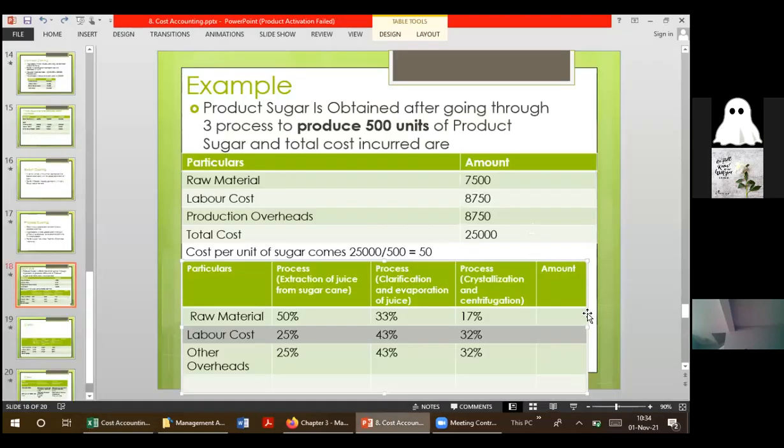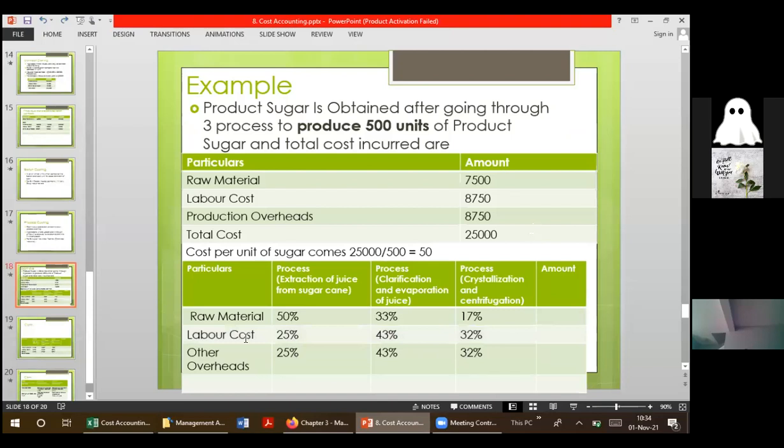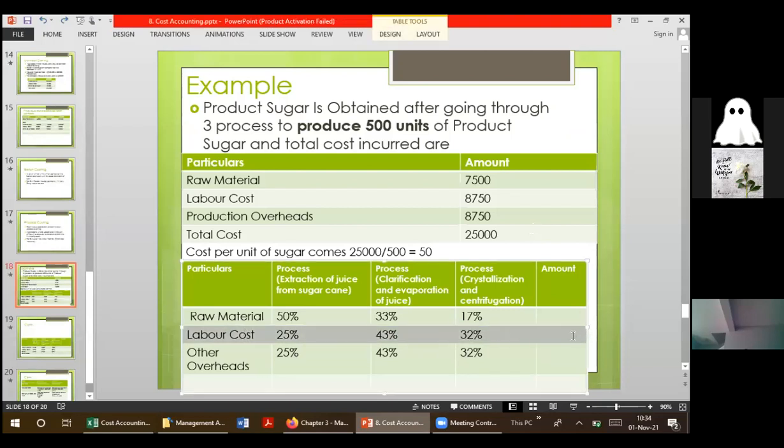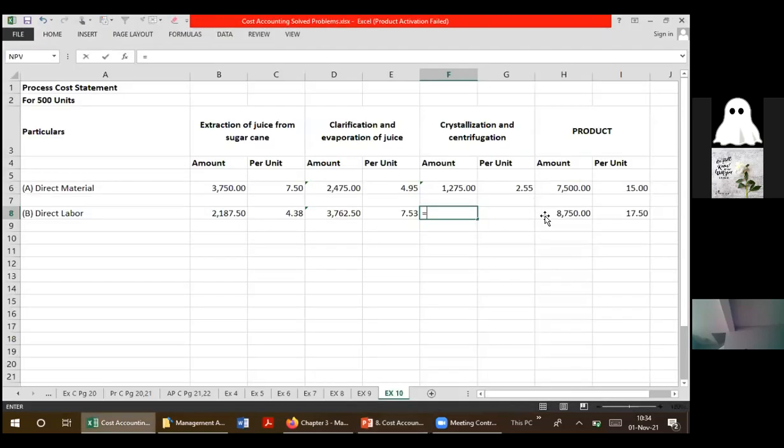Then we go to the third stage of our process. It is 32% of total cost. So total product cost times 0.32. That is 2,800, and per unit will be 2,800 divided by 500. 5.60.